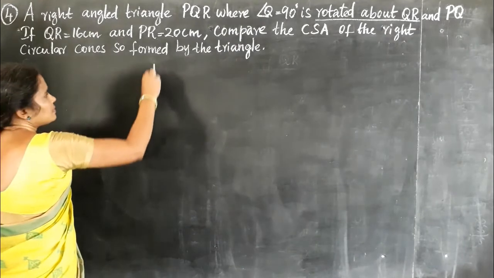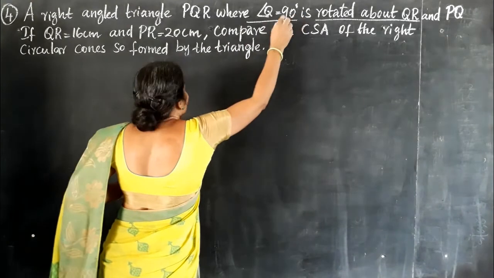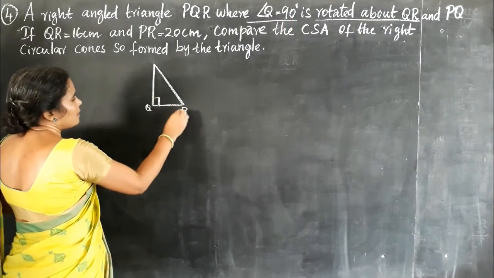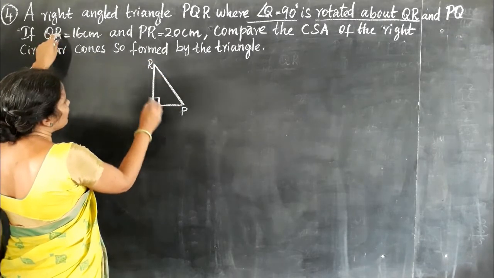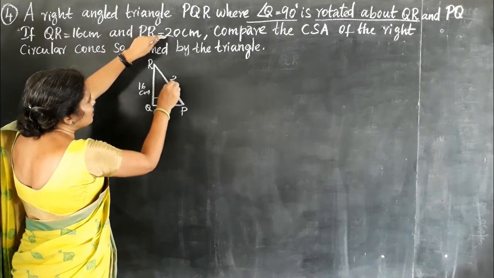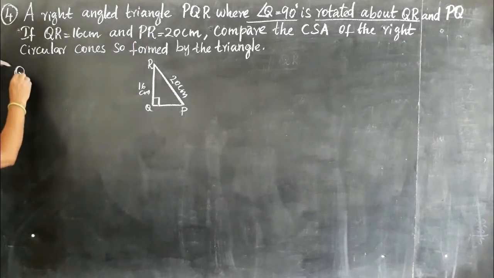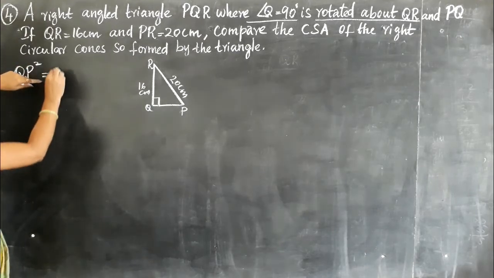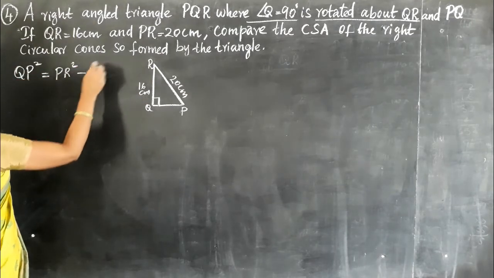Now let us consider triangle PQR. It is given that angle at Q is 90 degree. QR is equal to 16 centimeter and PR is equal to 20 centimeter. Now to find PQ, PQ square is equal to PR square minus QR square.